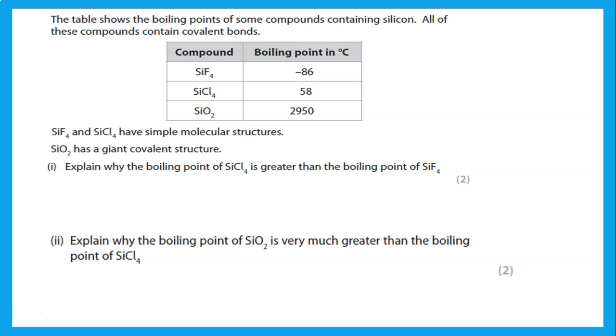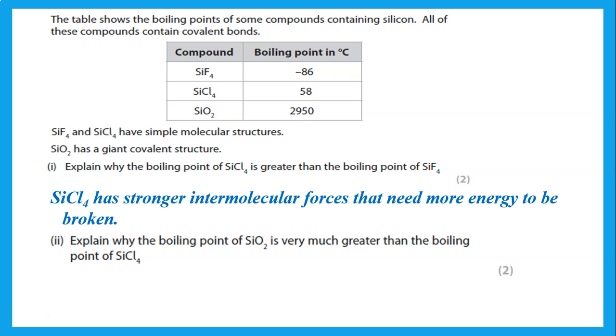If both of them are simple molecular structures, and silicon tetrachloride has higher boiling point, that must mean that the intermolecular forces, or the attraction forces between molecules, in SiCl4 are stronger.